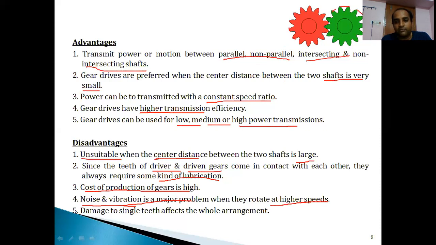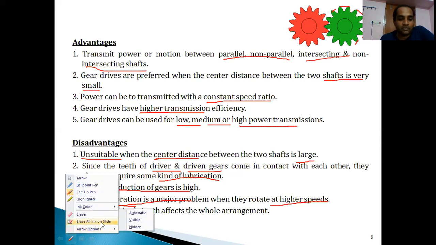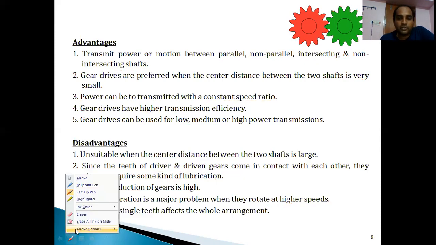If any one tooth fails, then the entire arrangement fails. So damage to any single tooth will affect the whole arrangement, which means it stops the working mechanism itself. These are the cases to be taken care of when you are operating with the gear drives.